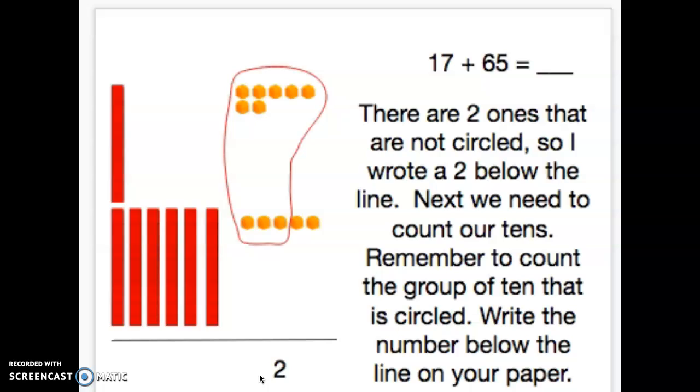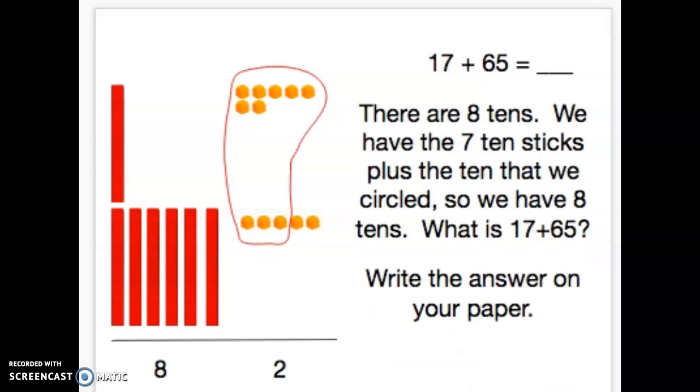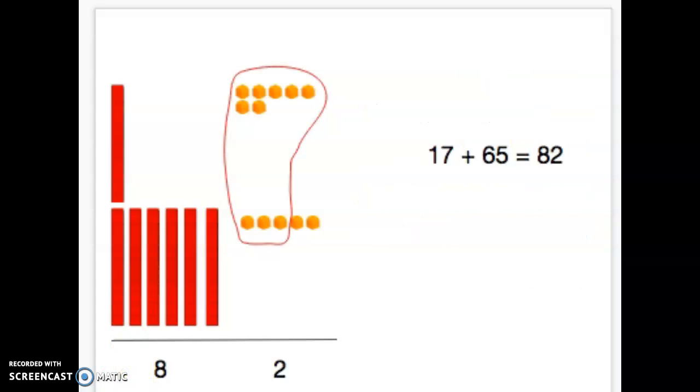Write the number below the line on your paper. There are 8 10s. I have the 7 10 sticks right here, plus the 10 that we circled, so 7 plus 1 more 10 equals 8. So 17 plus 65 equals 82.